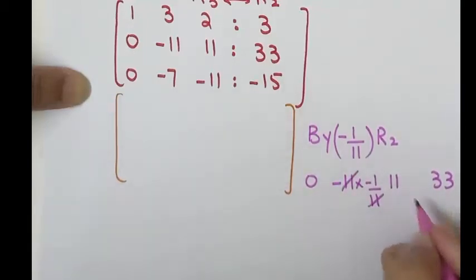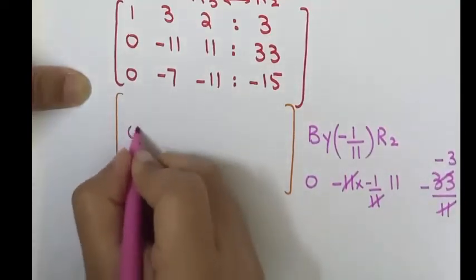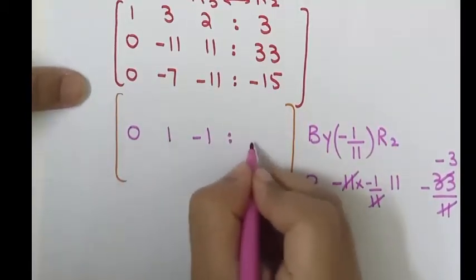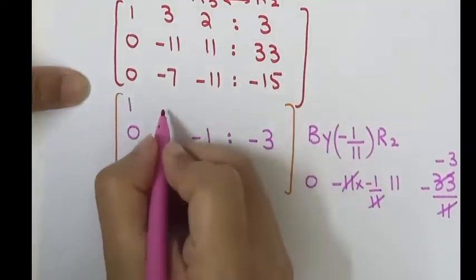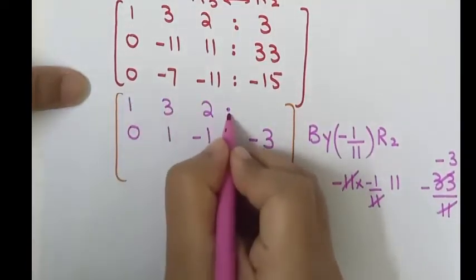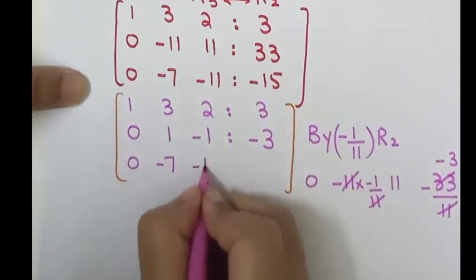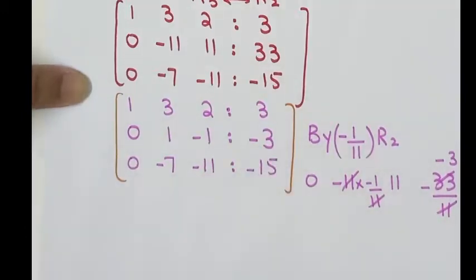Similarly, here we will get minus 1, and when we multiply 33 with minus 1 over 11, we will get minus 3. This is row 2: 0, 1, minus 1 and minus 3. R1 is 1, 3, 2, 3 and R3 is 0, minus 7, minus 11 and minus 15.